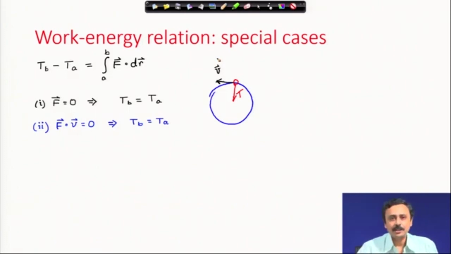Another interesting situation where F dot V is 0 is that of a charged particle in a magnetic field. As you know, if you have a charge, let us call it q, and there is a magnetic field, let us say coming out of the plane of the paper.